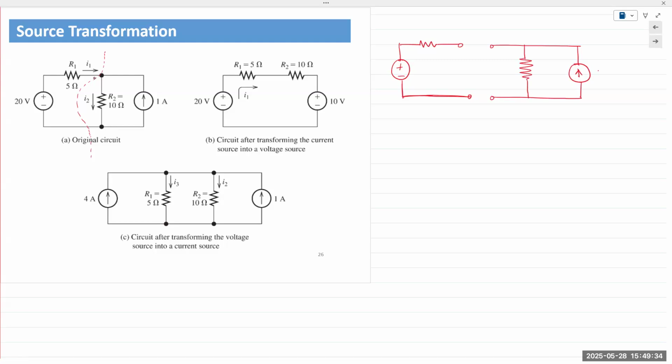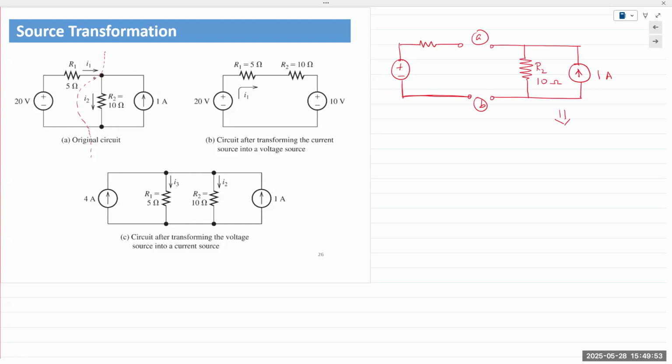Okay. A 1 amp source, R2 of 10 ohms. Now, when we break this, we'll keep the terminals still the same. Okay. And we are only going to transform the right side.